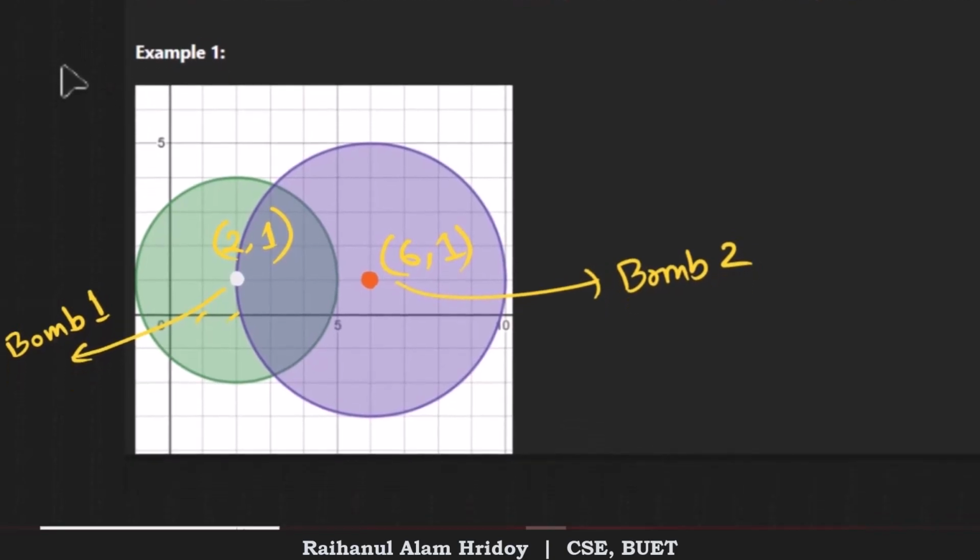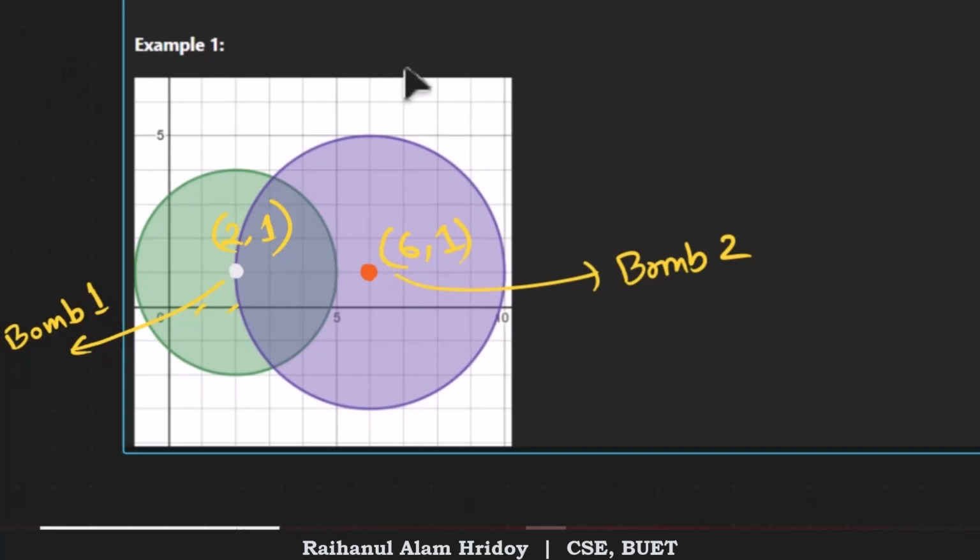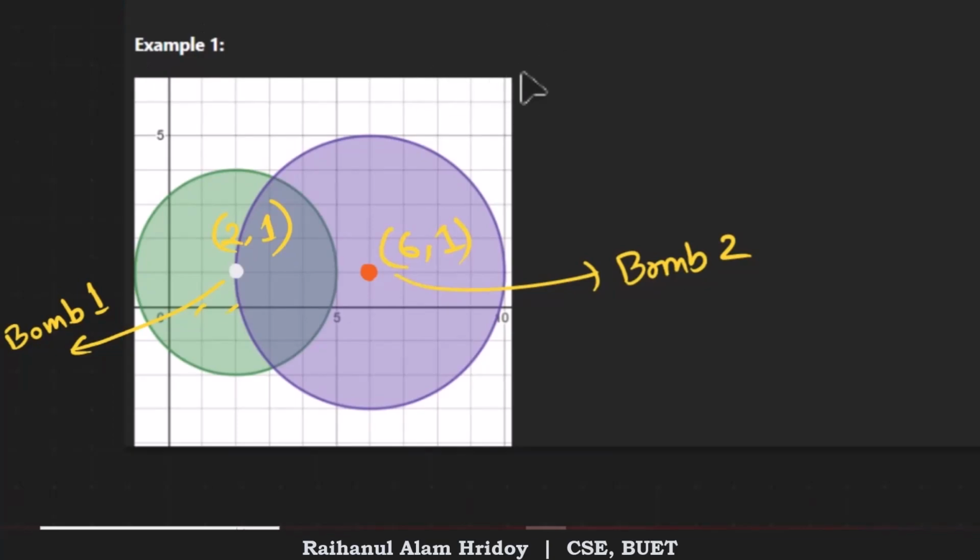It has a range. The range is defined by its radius, and the range is colored in circles. So this is the range of bomb 2, where r is the radius, and it is 4. And for this yellow bomb 1, the radius is 3.